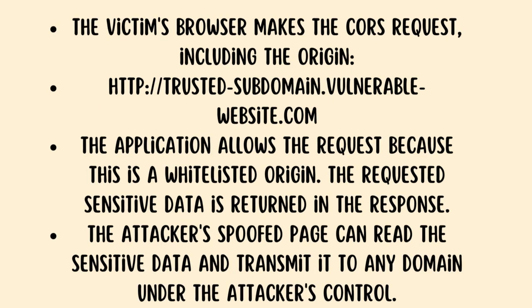The victim's browser makes the CORS request, including the origin http://trusted-subdomain.vulnerable-website.com. The application allows the request because this is a whitelisted origin. The requested sensitive data is returned in the response. The attacker's spoofed page can read the sensitive data and transmit it to any domain under the attacker's control.